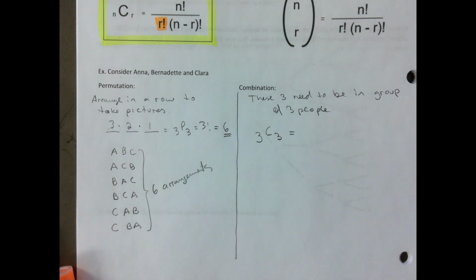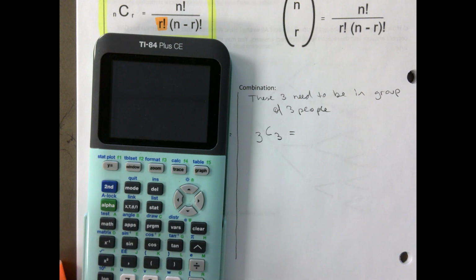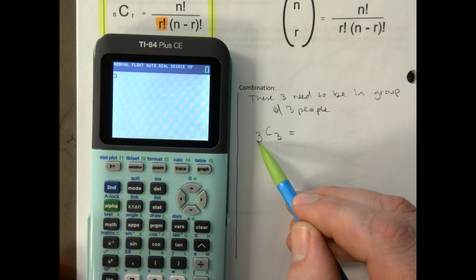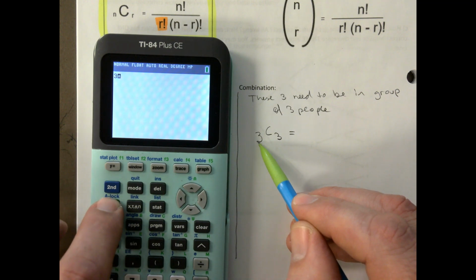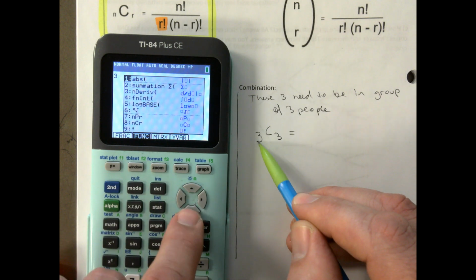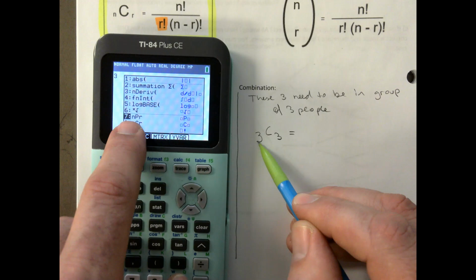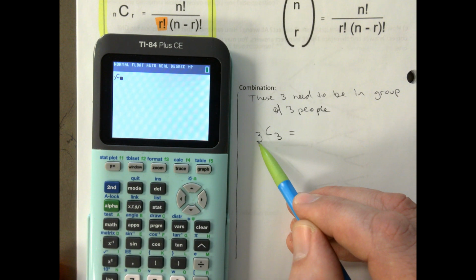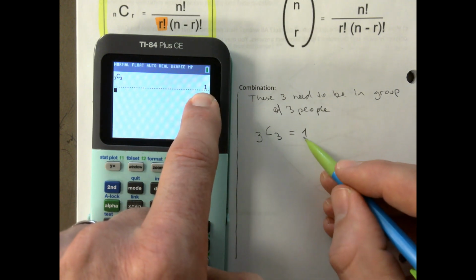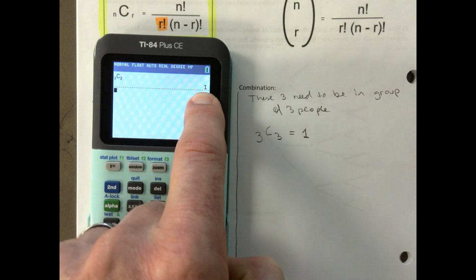Grab your calculators. I just need you to know where to find combinations. It's the same as before, so you press 3, and then you gotta go alpha window. Is it alpha window? I always forget, yes. So instead of nPr, you're gonna select nCr, and just select it, so 3 choose 3, and what is your answer? It's just 1. Okay?